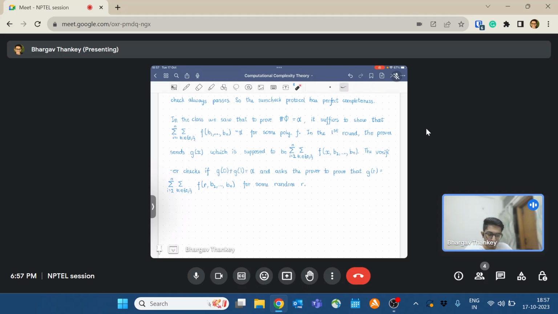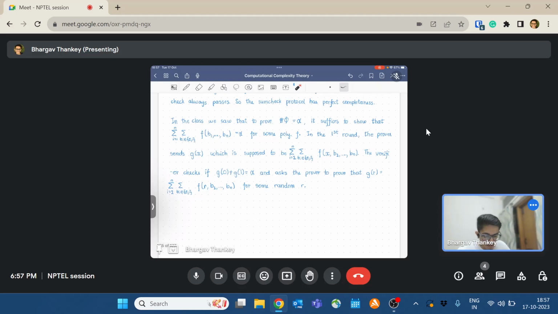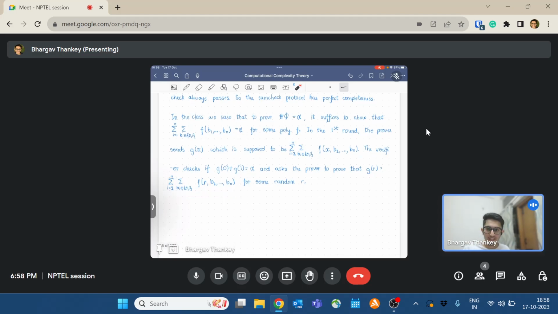Now the point is, if #phi is alpha, then this is true. And so what the prover can do in the first round is send this polynomial as g, right? Then this will be true. Since g and this are the same polynomial, for any value of r these two quantities would exactly be the same, right? So no matter which r you pick, the prover would be able to convince you that this is true. And so the completeness is one.